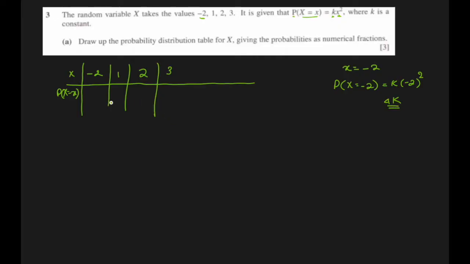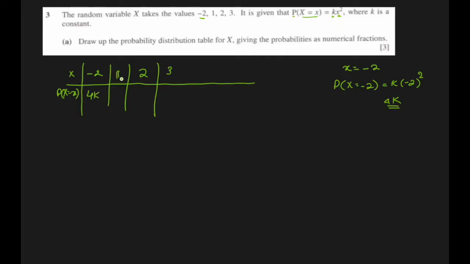Draw up the probability distribution table for x, giving the probabilities as numerical fractions. So we will draw a table like this, and this is x, which is -2, 1, 2, and 3. So here is the probability of x equal to x. For -2 we already got 4k.